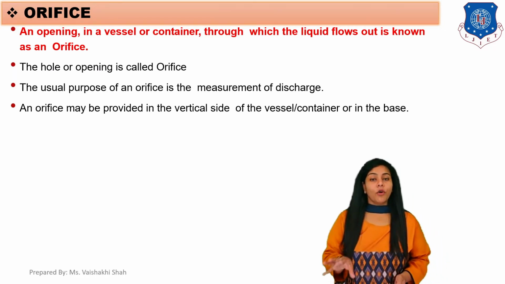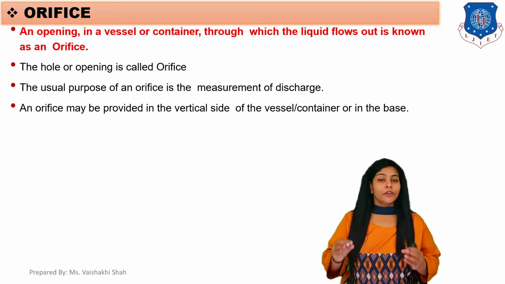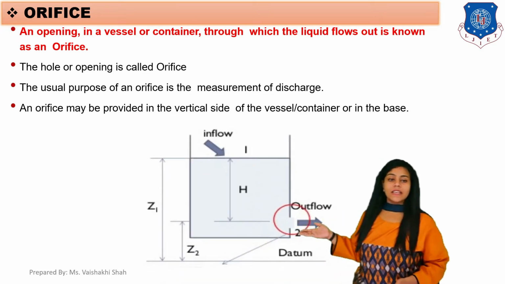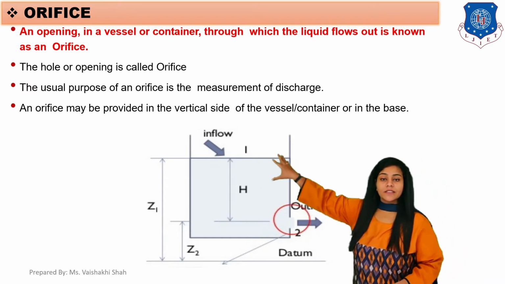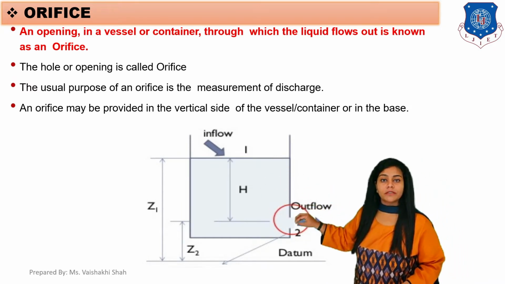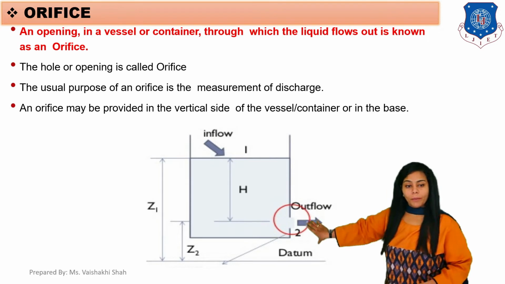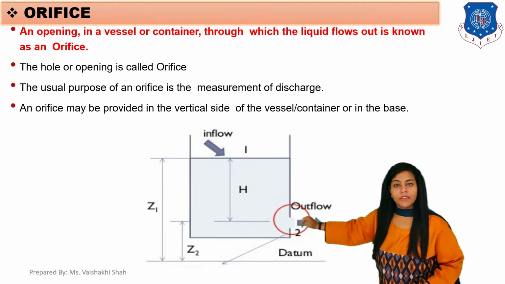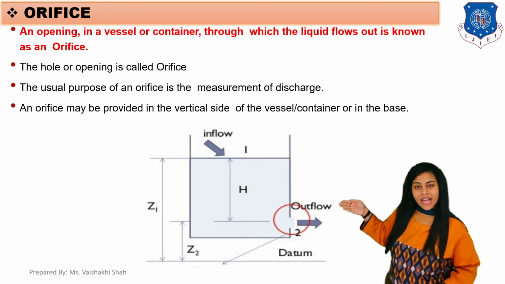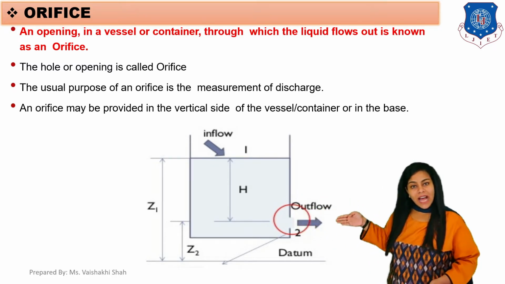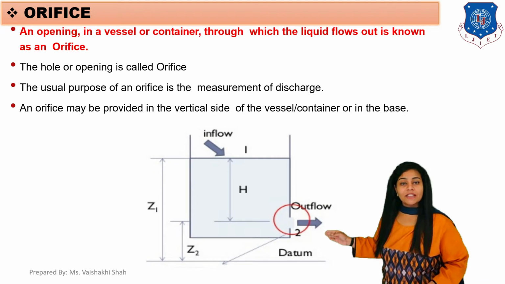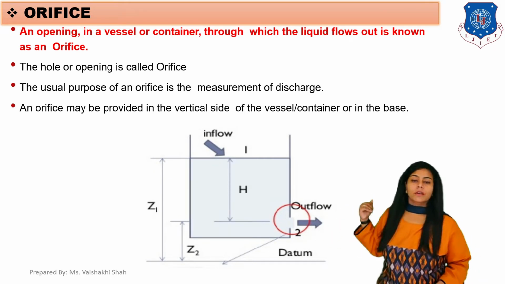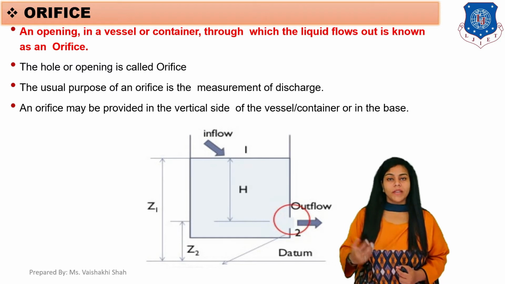As you can see in this diagram, this is your container filled up with water. Now an opening we provided here, this opening from which the water comes out is called the orifice. Okay, clear? So it is a hole or opening.